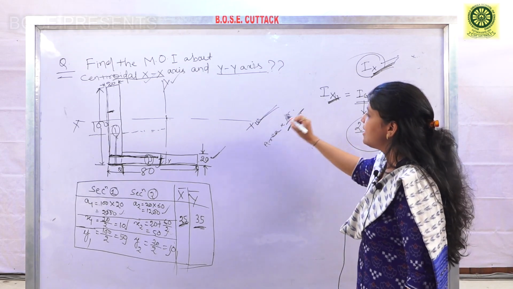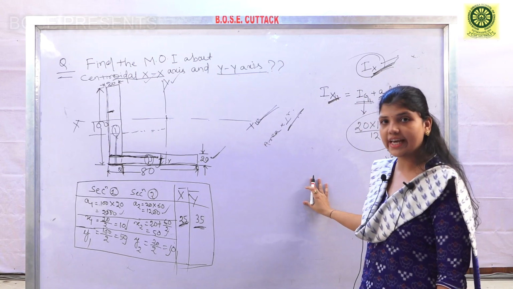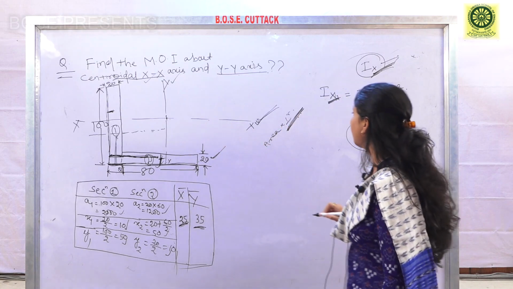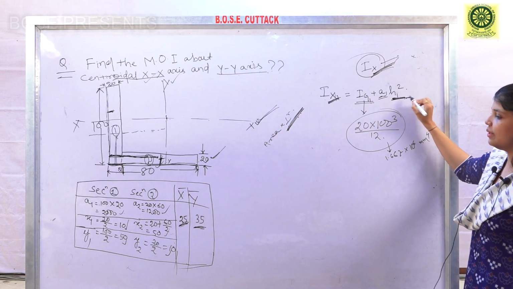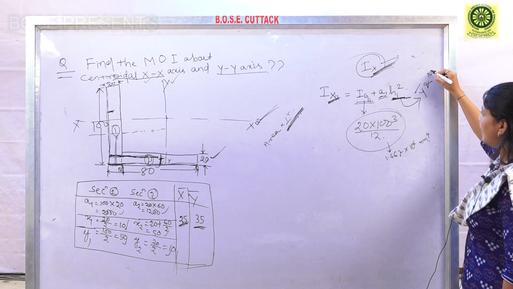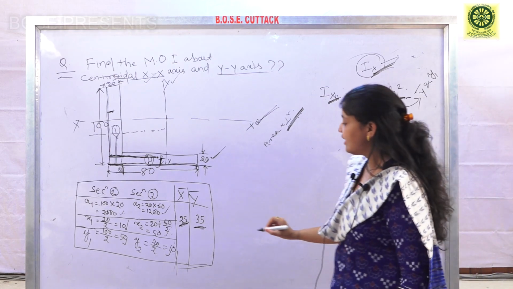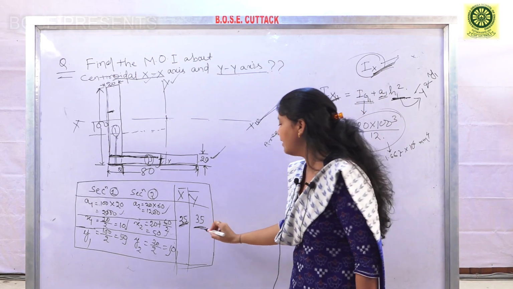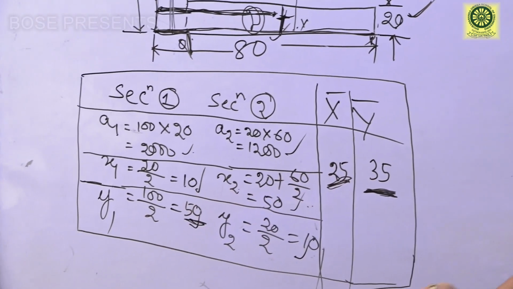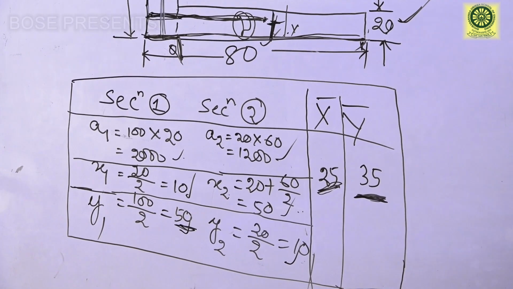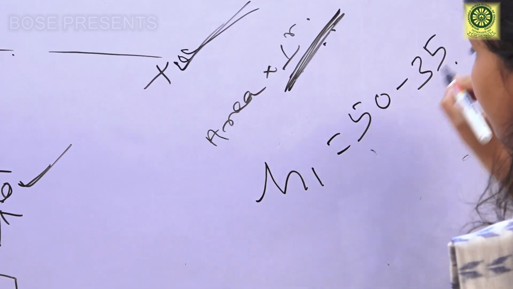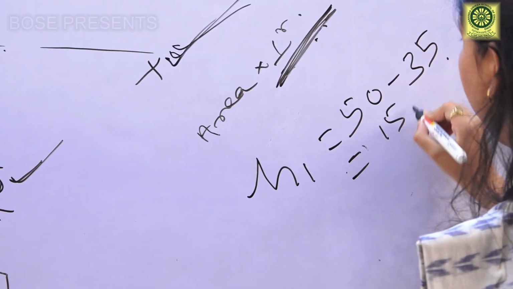Since we are calculating for the x-axis, for the perpendicular distance we have to take y bar. So here H1 is the distance between y bar and y1. We have already found y bar and y1: y bar is 35, y1 is 50. So H1 equals 50 minus 35, that is 15 mm.